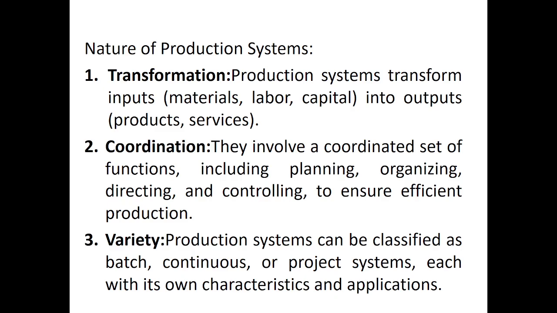This comes under coordination. These are the set of functions. मैंने अभी जो प्रोडक्शन सिस्टम पढ़ा रहे थे वहां पर लिखा था ना सेट ऑफ फंक्शंस क्या क्या है. तो उसमें सेट ऑफ फंक्शंस में ये सब चीज है. प्लानिंग, organizing, directing and controlling to ensure efficient production.